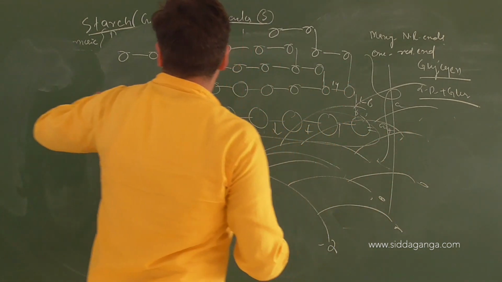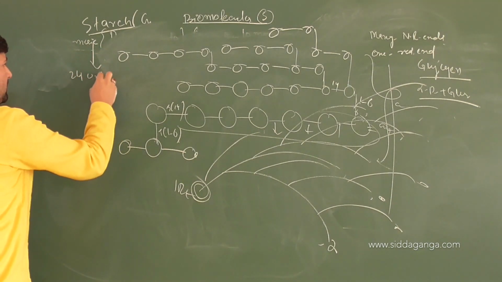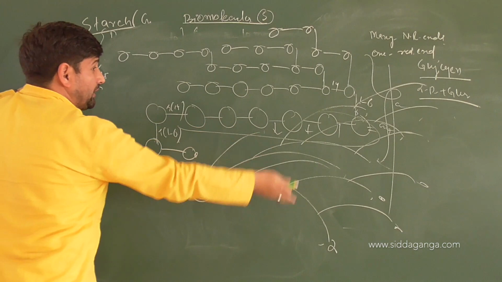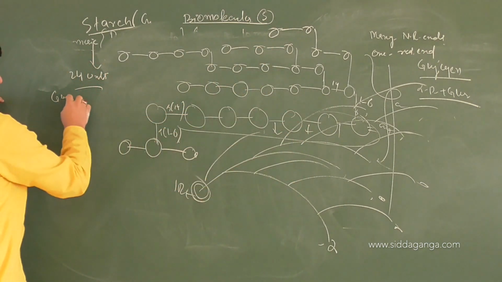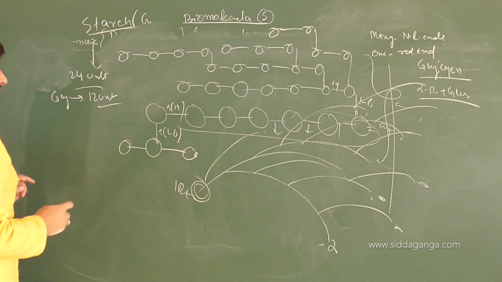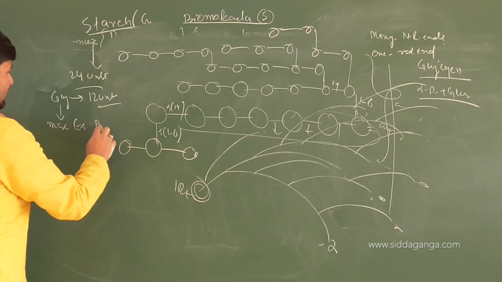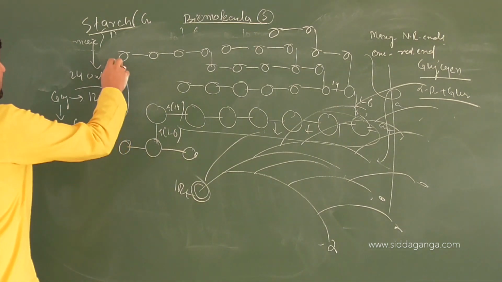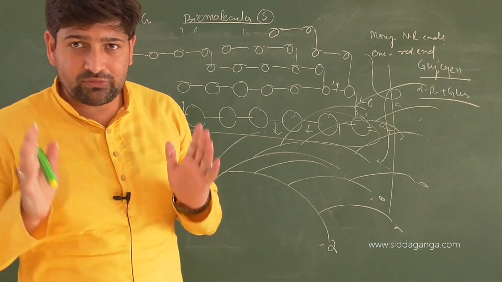In starch, branching comes after 24 units, meaning after 24 units one more branch comes from that particular chain. But in glycogen, branching comes after only 12 units. That means glycogen is more extensively branched compared to starch. This is the basic structural difference between the two.